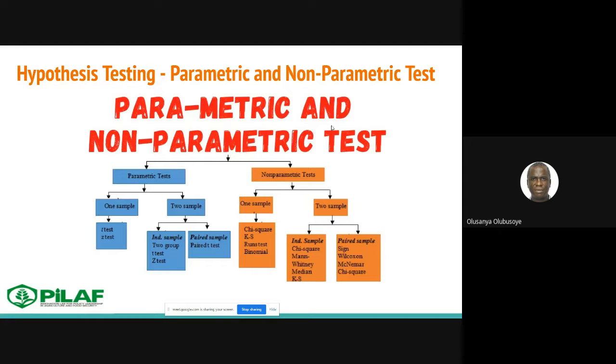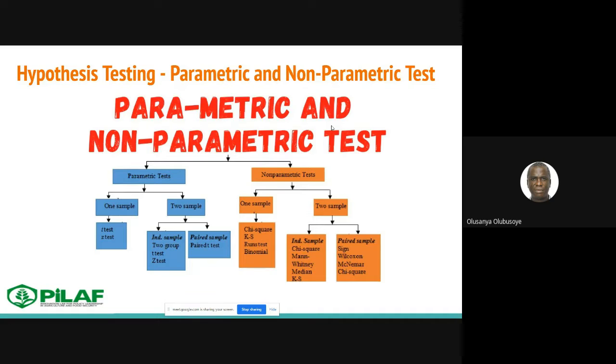It is basically one thing, and that is the fact that the parametric test assumes there is an underlying distribution, and the underlying distribution assumed is a normal distribution. So any test assuming that the underlying distribution is normal is parametric.